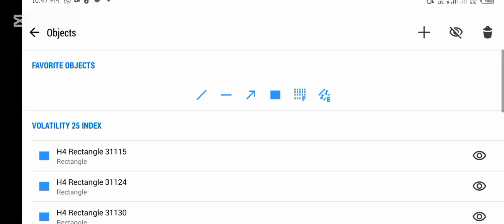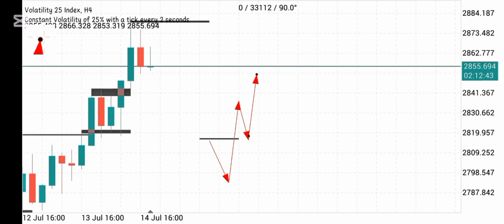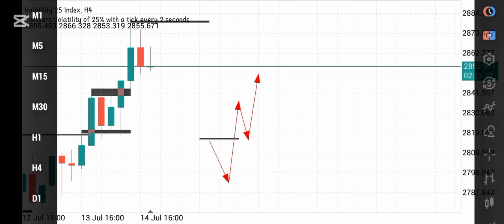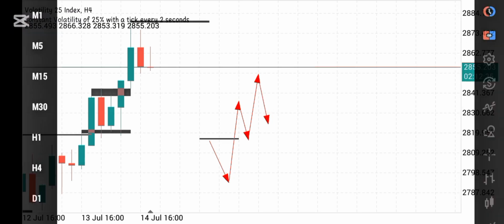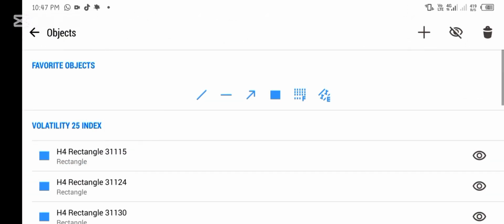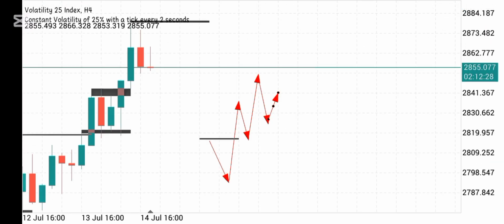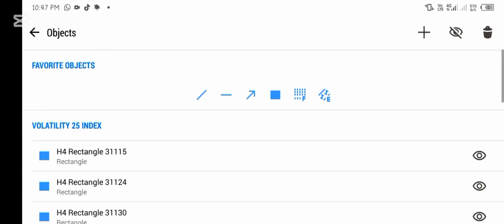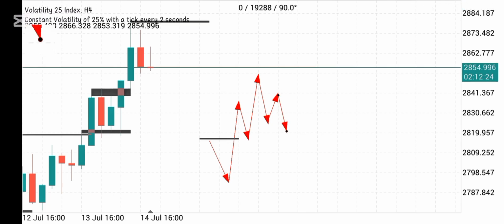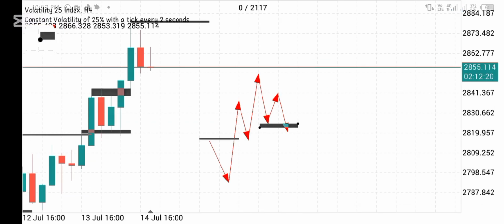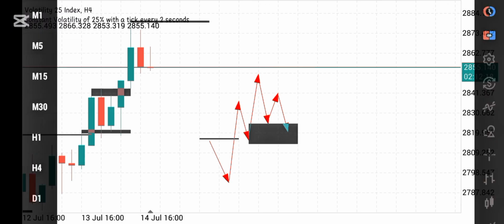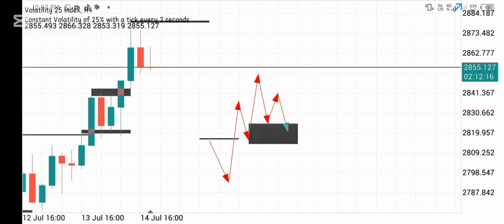Then we had an expansion, and now we had a retracement back, like a pullback. Then the market came back again into that zone. It will definitely come back into this zone. Then we had a push to the upside.